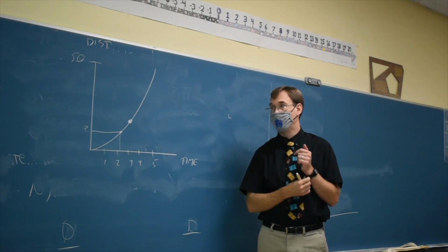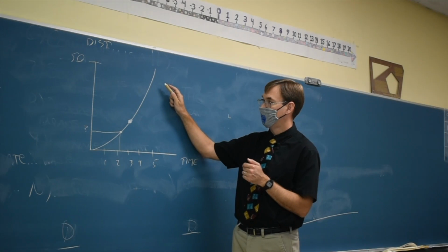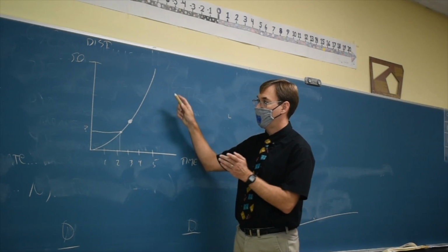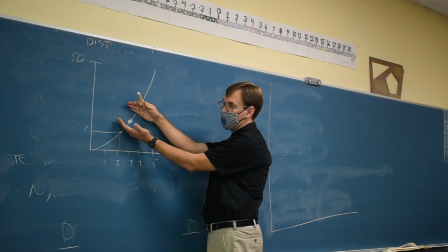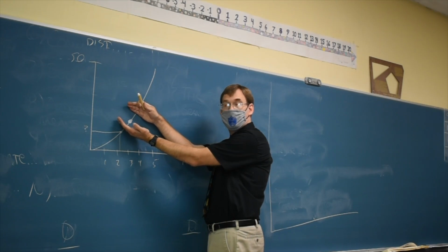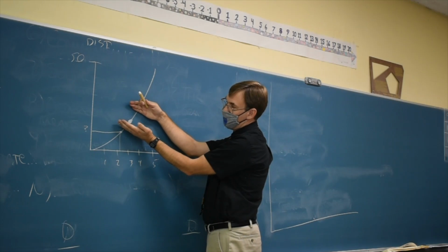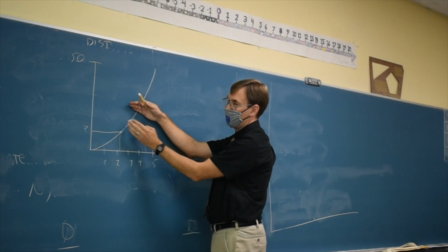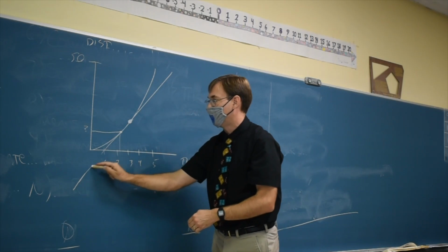The slope of the tangent line. A tangent line means I'm only going to touch that point. When I'm in close to that point, the curve is pretty close to straight. The overall graph is not straight, but right in this area, it's pretty close to a straight line. So what we're trying to do is basically mimic that straight line on our graph paper.